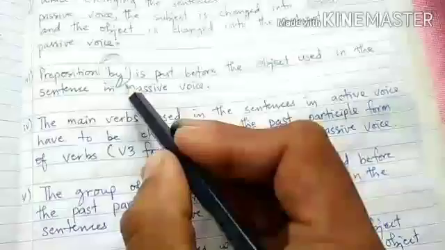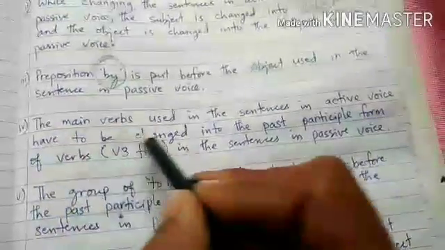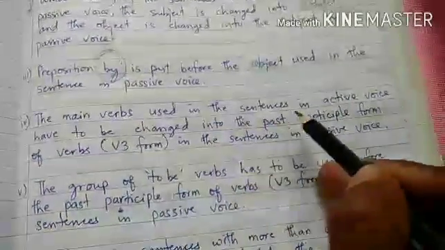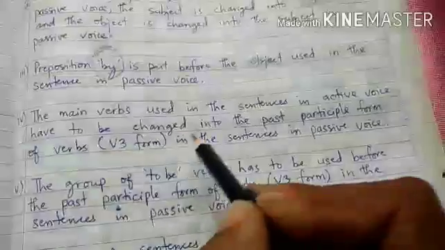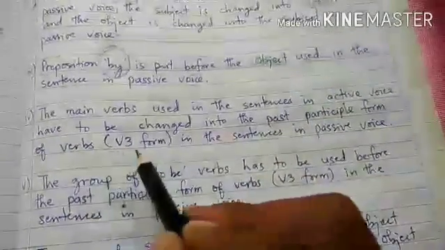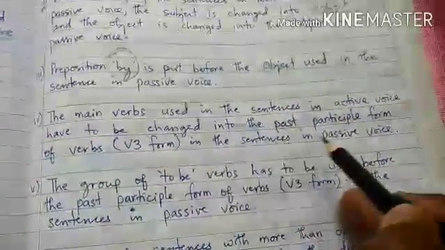And after that what we have to understand is the main words used in the sentences in active voice have to be changed into the past participle form of verbs in the sentences in passive voice.